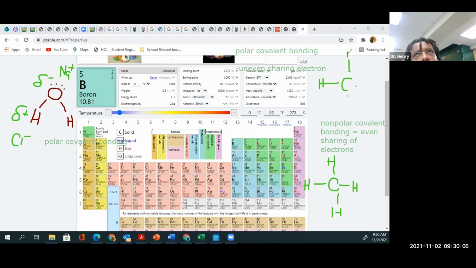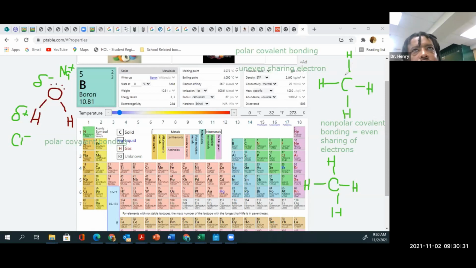Each of these hydrogens is going to share one electron with carbon, so it'll be 2 around the hydrogen, right? It's sharing so that it can reach its octet. So it acts as if it's like helium, with 2 around it. So it's kind of like a noble gas in that case.